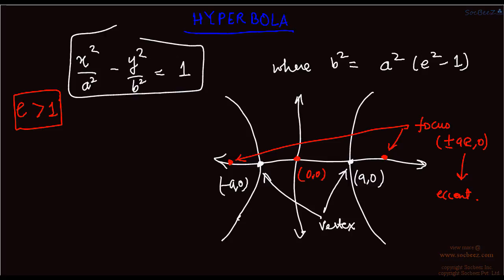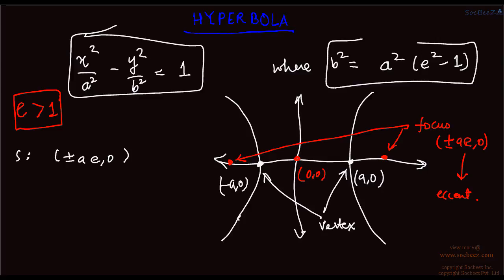For this hyperbola, x square upon a square minus y square upon b square equals 1, the foci, as we have seen, are plus minus a e comma 0. And this is the formula to calculate e, b or a if two of them are given. Now the directrix will be given by x equals plus minus a by e.